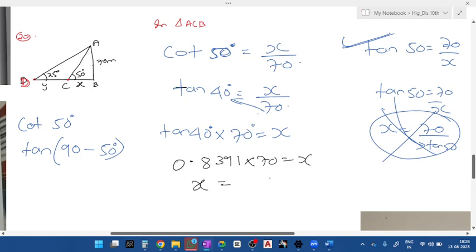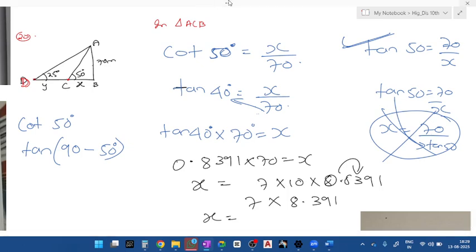See, this 70, can I write it as 7 into 10 into 0.8391? What is 10 into 0.8391? Be quick, students. 8.391. Now multiply this. Yes, multiply. All of you understood? Joanna, Cherisha, Mariana, Ivania.